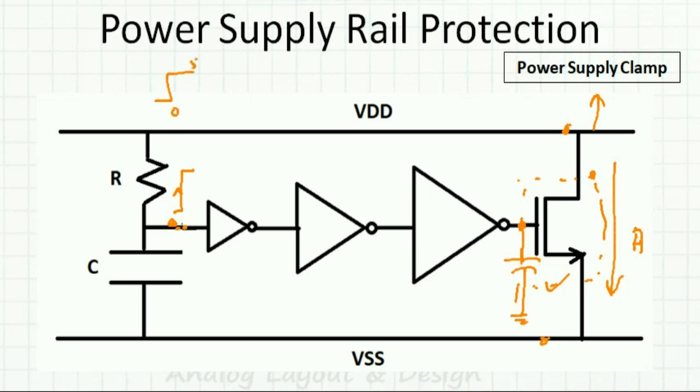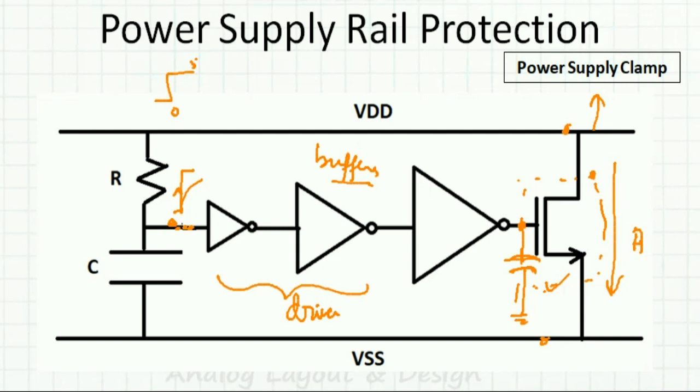It will still be 0 with a delay, and then this cannot drive this big cap. So we put in some driver circuit, as we saw in the IO pad. In the same way, we'll have a driver in order to drive this big capacitor. So we'll have a stage of buffers, and that's what will drive this big cap.